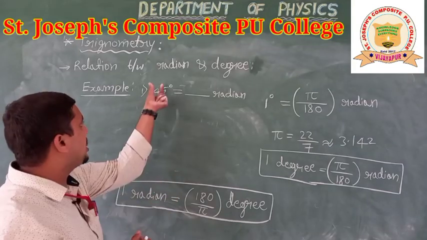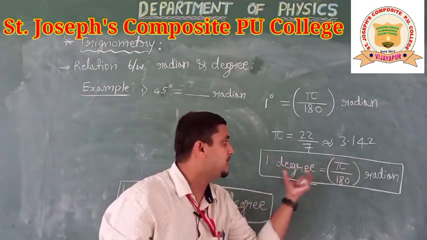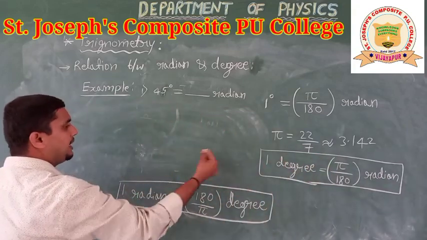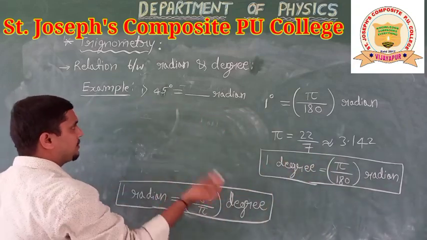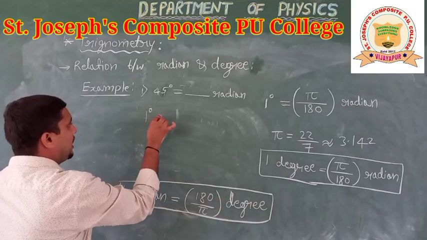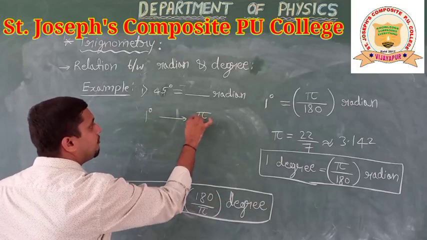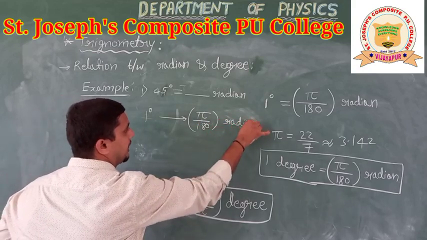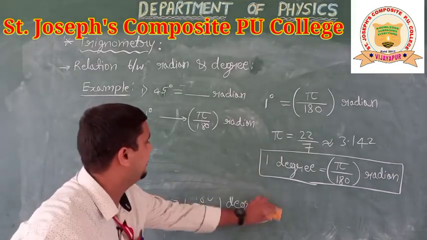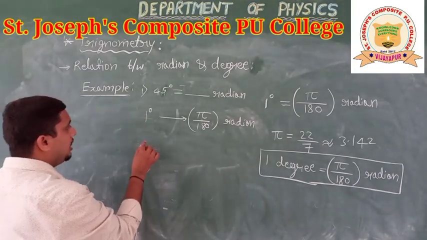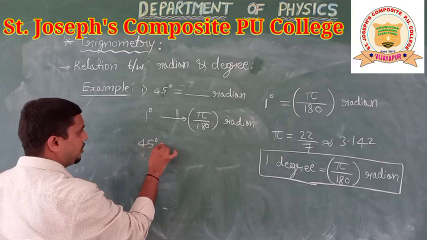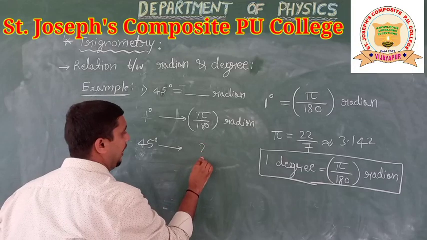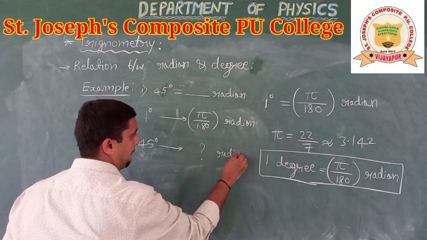Our conversion is degree to radian, so for that purpose I have to use this formula. It is a common thing. You already know cross multiplication, you can do that. 1 degree is nothing but pi divided by 180 radian, and 45 degree is nothing but how many radian?